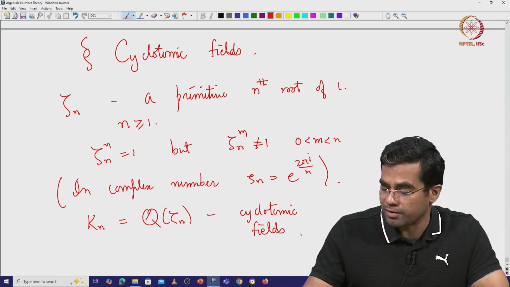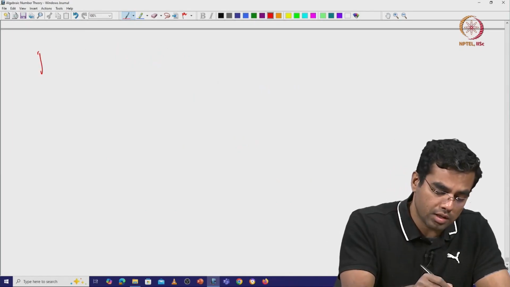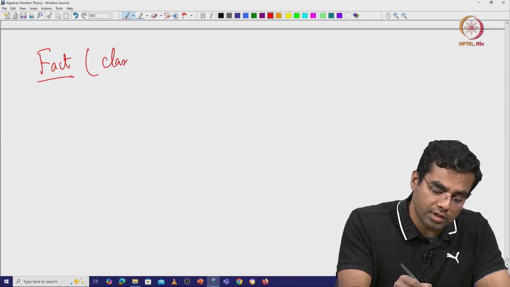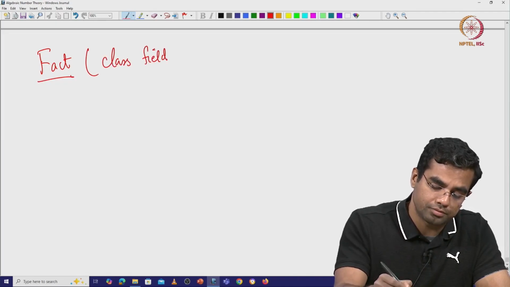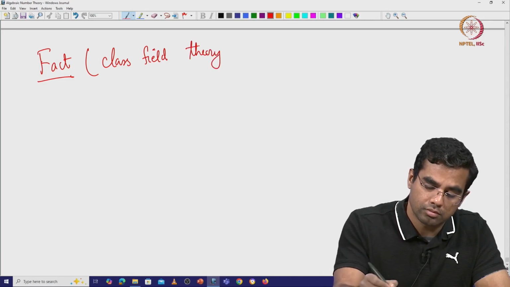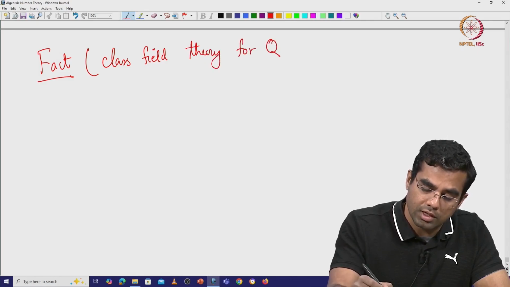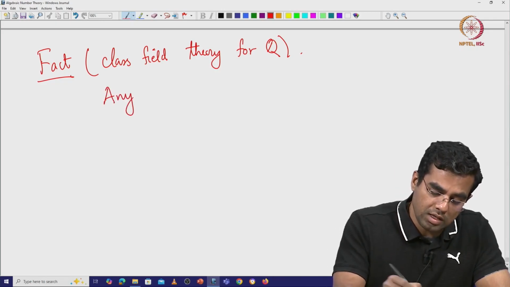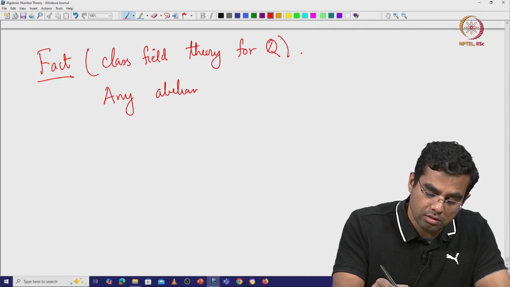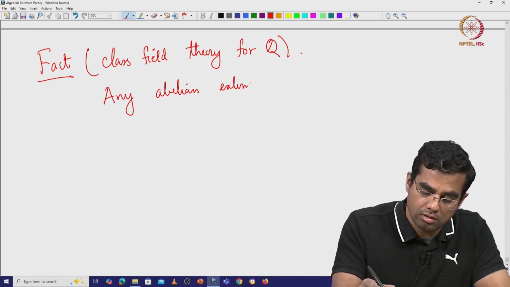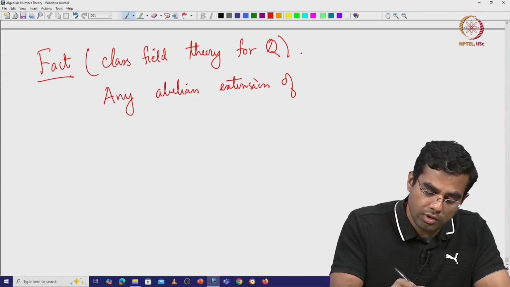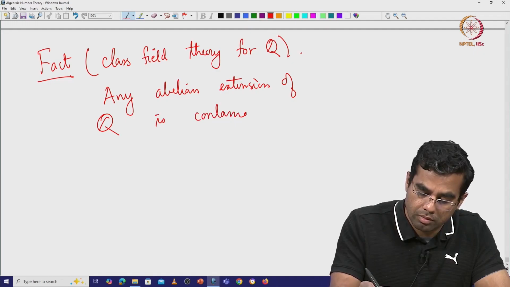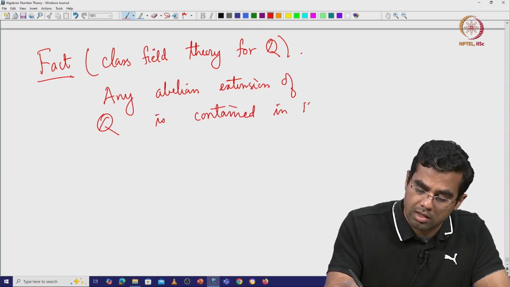And let me write down some facts that I said orally at the beginning. This is not in this course; in fact, this is more or less class field theory for Q. Of course, class field theory has a few more ingredients in it. Any abelian extension of Q is contained in K n for some n.